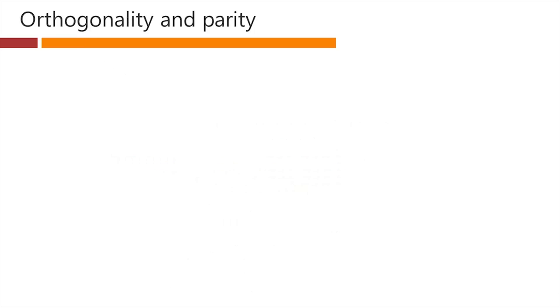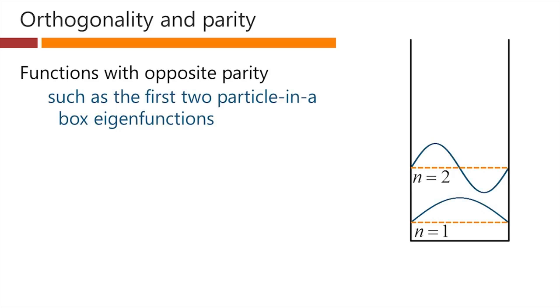Now, orthogonality is made much easier to understand and prove for functions if we happen to be able to make use of parity. Functions with opposite parity, such as the first two eigenfunctions of the particle in a box, are always orthogonal.